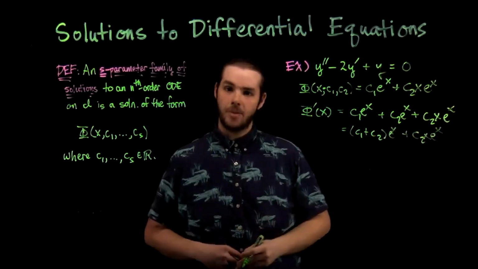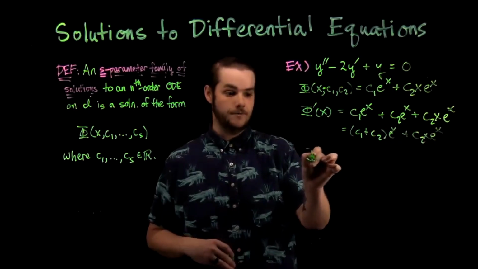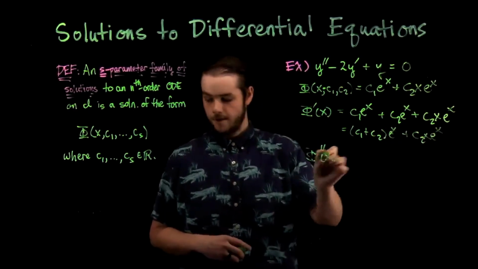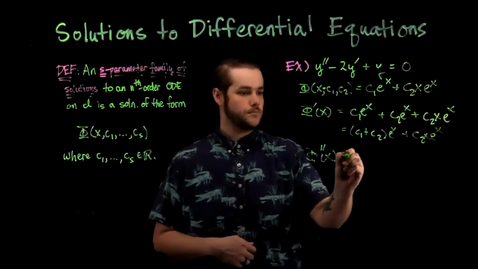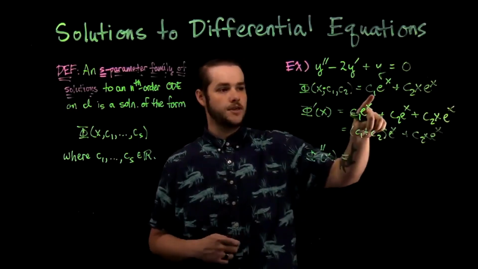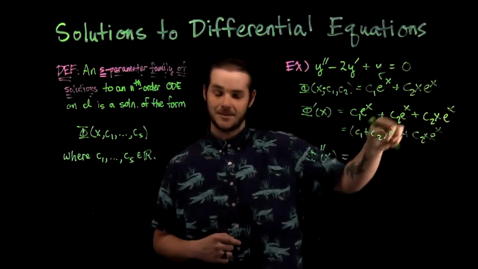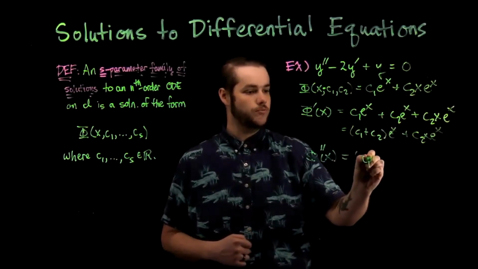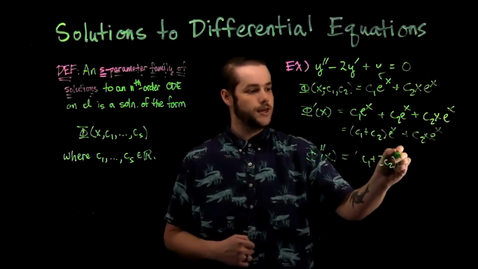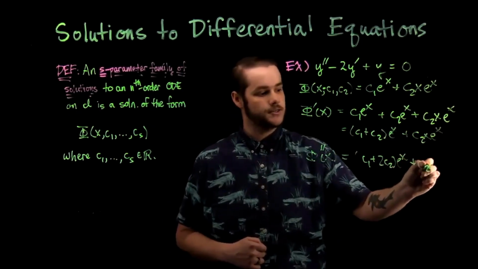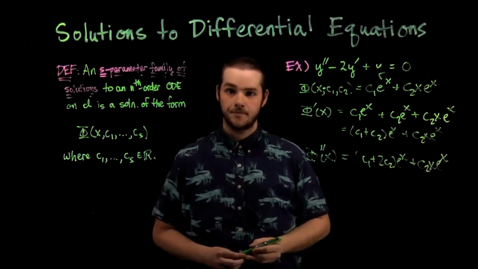And we can follow that pattern, by the way, to quickly write down phi double prime of x. Notice that the first coefficient I added to the second coefficient. So I'll get c1 plus 2 c2 e to the x plus c2 x e to the x.